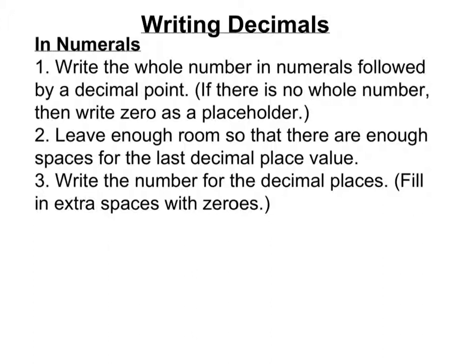So if there is no AND, you know that all you have are decimal places. And so you're going to put your 0 in. Step 2, leave enough room so that there are enough spaces for the last decimal place value. And then step 3, write the number for the decimal places. Fill in any extra spaces with 0. So let's take a look at an example.